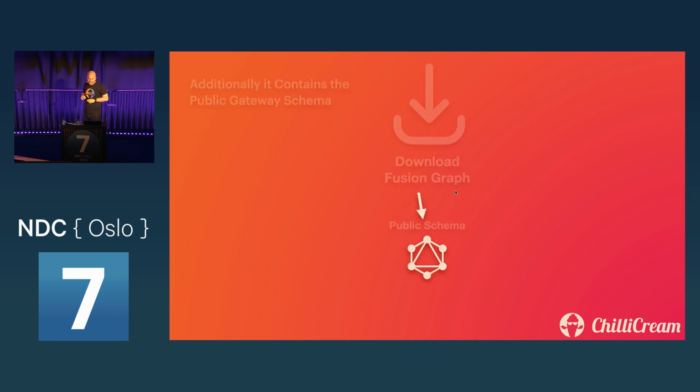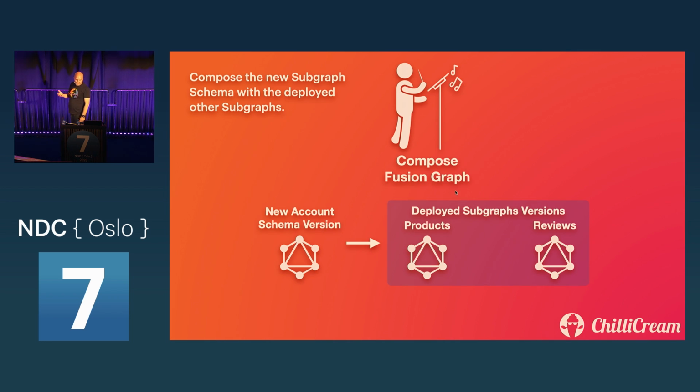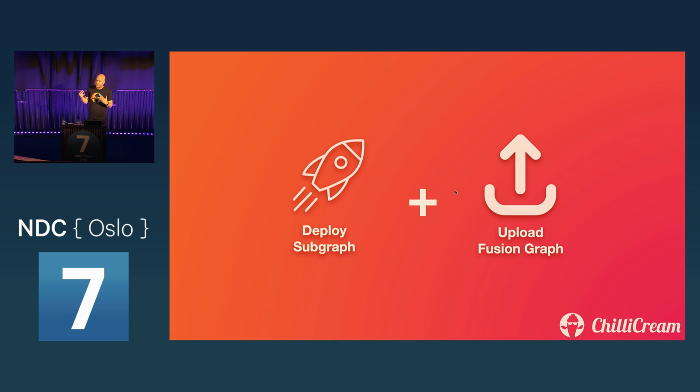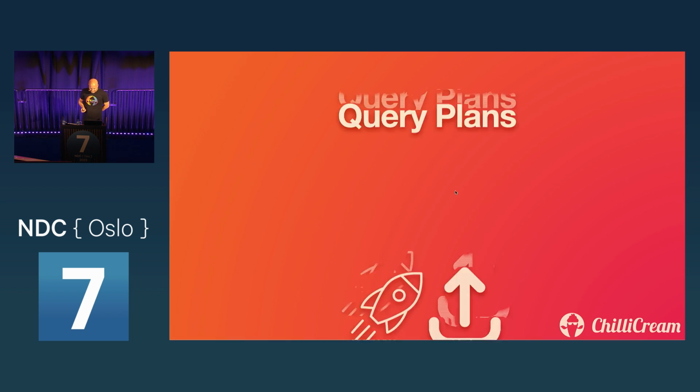So what we do in the composition step is take this new subgraph information and merge it with the older ones. Once we've done that and it works through without an error, we can deploy that, and we are done, we have a new graph. The gateway needs only to be deployed once because we can fully configure it with this Fusion configuration.